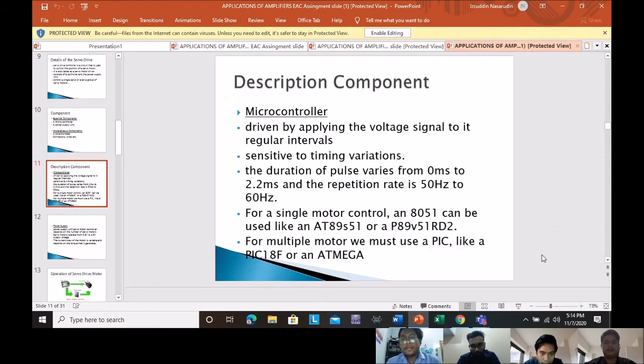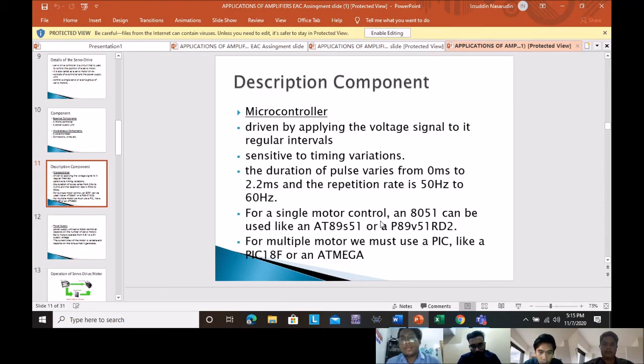This is the description of the components that are essential to the servo drive. It is driven by applying a voltage signal at regular intervals. It is sensitive to timing variation. The duration of the pulse varies from 0 millisecond to 2.2 millisecond, and the repetition rate is 50 Hz to 60 Hz.